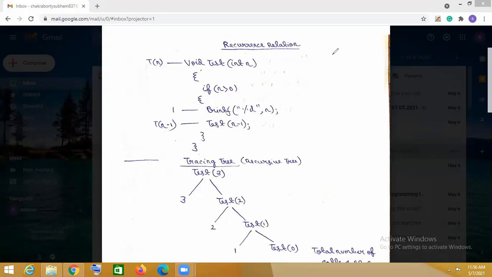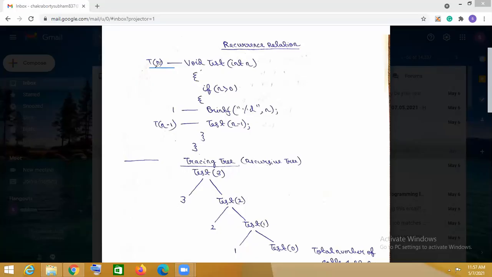So in recurrence relation, when solving a recurrence relation, we use T(n). Till now you have seen that we consider the time as a function, and for a time function we used f(n).